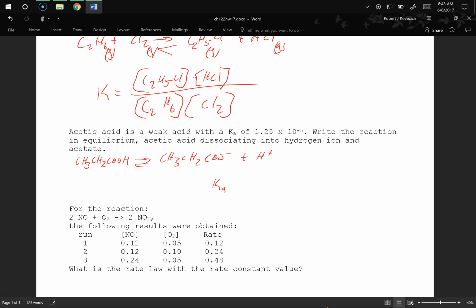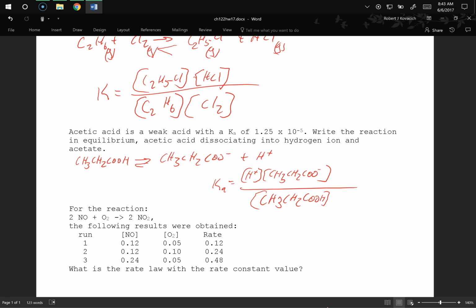And so then Ka is equal to H plus times CH3CH2COO negative over CH3CH2COOH.